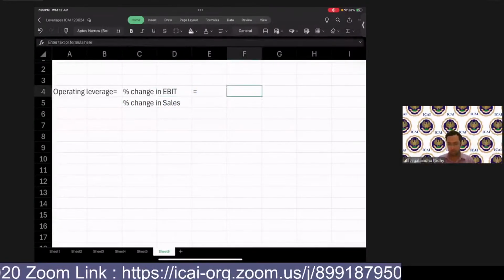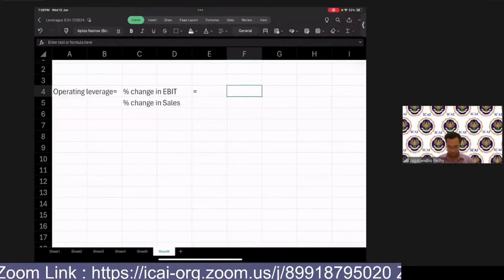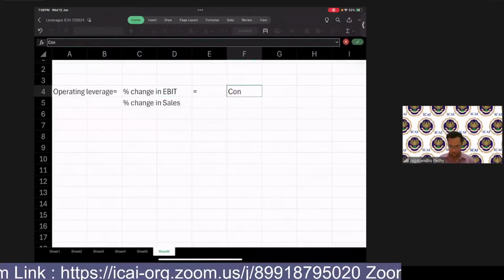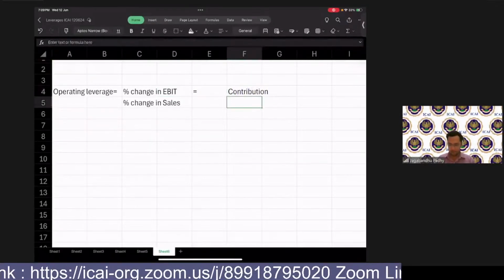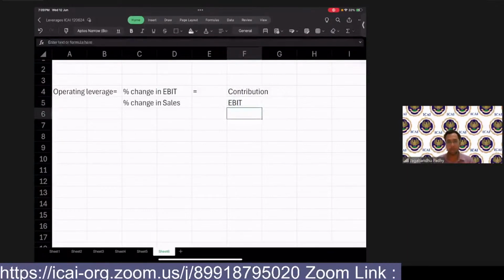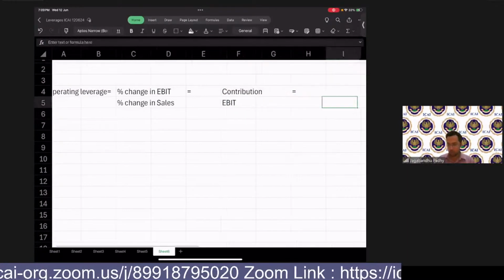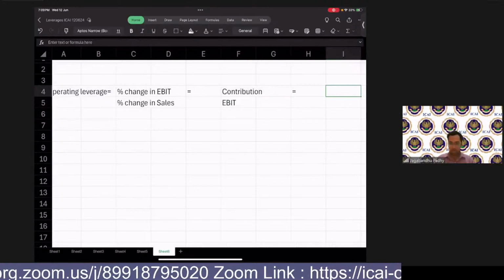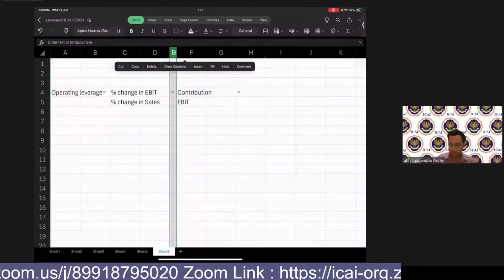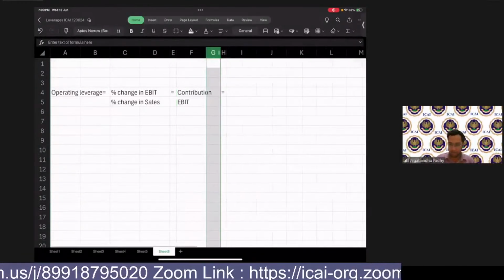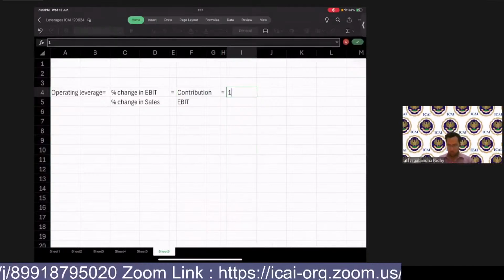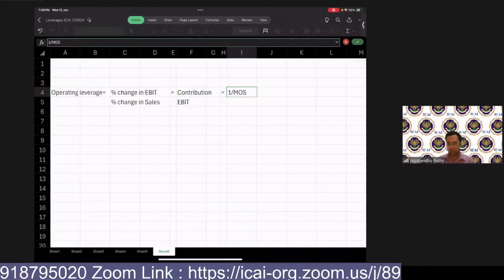That was the original formula that we had. The shortcut formula that we had for operating leverage was contribution upon EBIT, right? And we also had one more formula over here, which is operating leverage computed as 1 upon margin of safety.